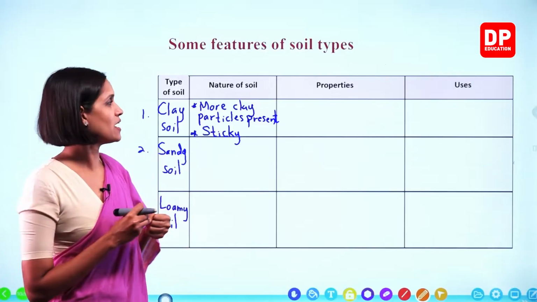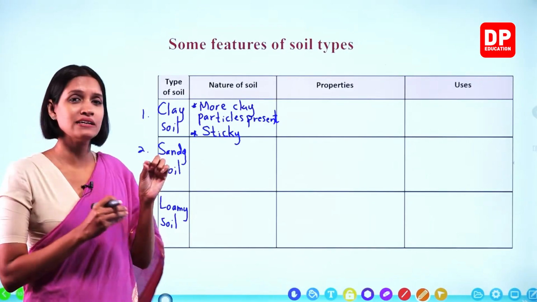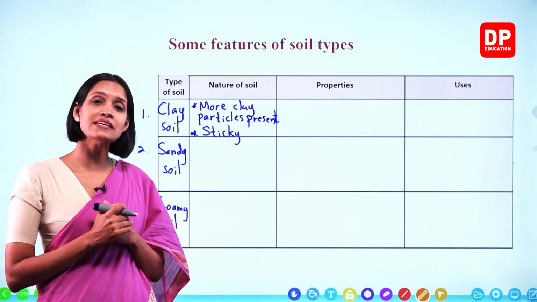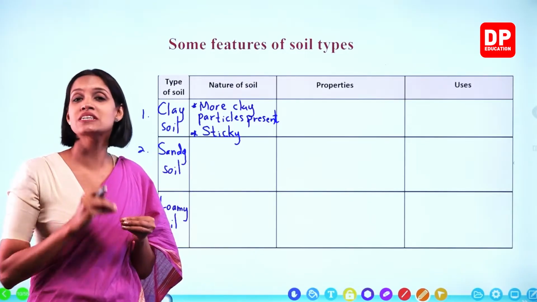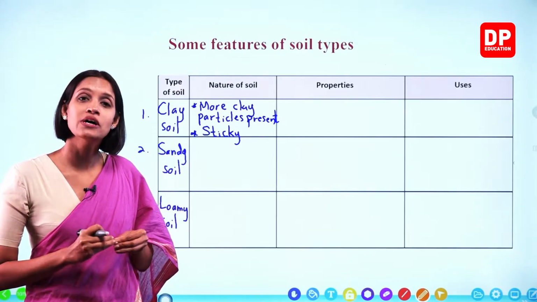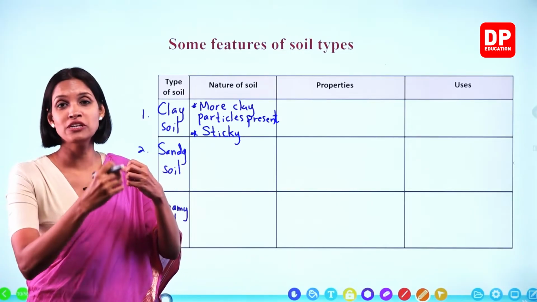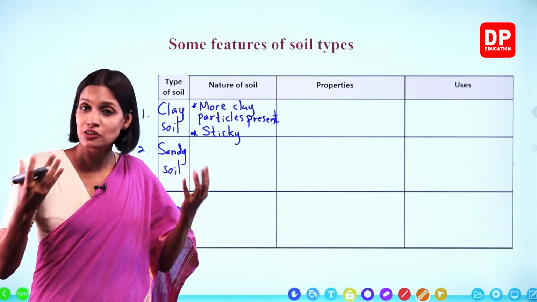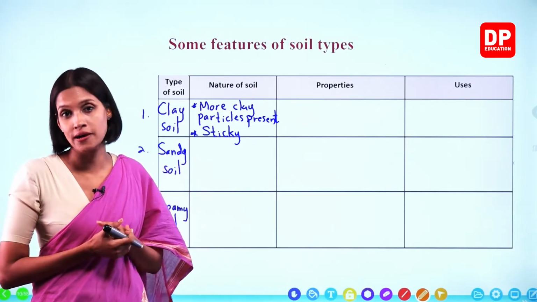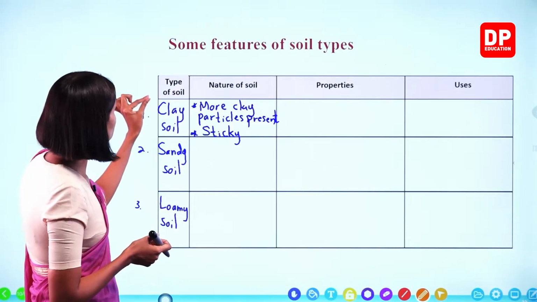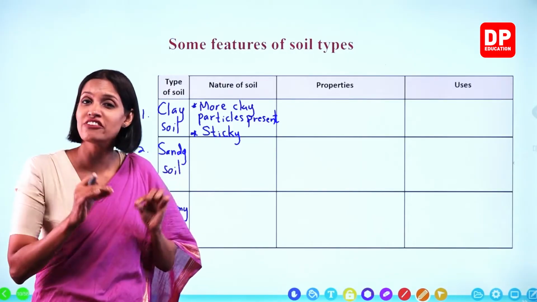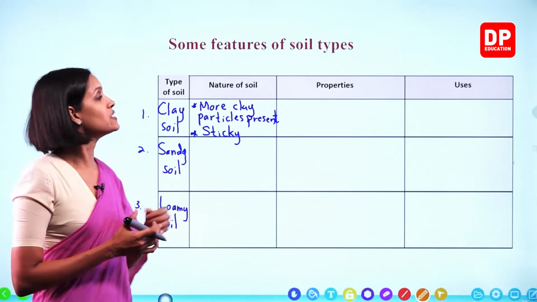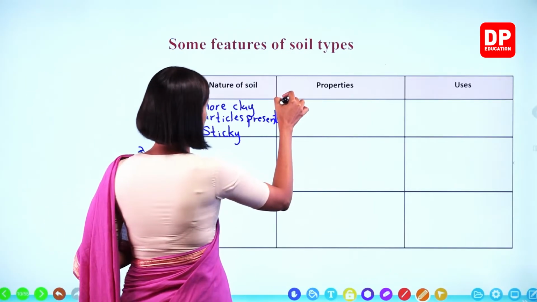But at the same time, these clay particles are very tiny, therefore the amount of spaces between the particles is very less. If more spaces are present between soil particles, that type of soil can retain more air. The space between clay particles is very, very less, therefore the air retention is very low. So, we will write the properties.